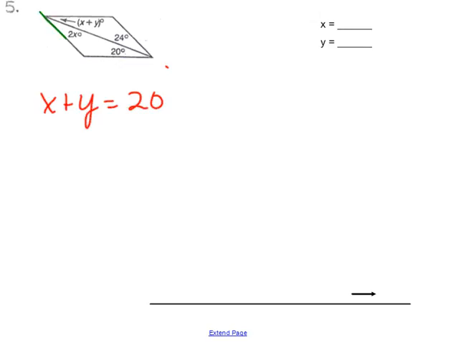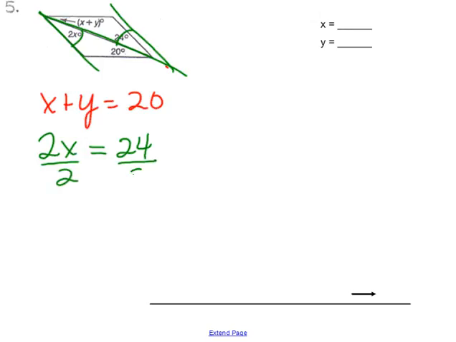I also have these sets of parallel lines and this transversal, which makes this one and this one congruent. So I've got 2x equals 24. Oh man. So now what I have to figure out is how I'm going to solve this system. Well, I'm thinking that I can get x from the green equation really easy by doing this.